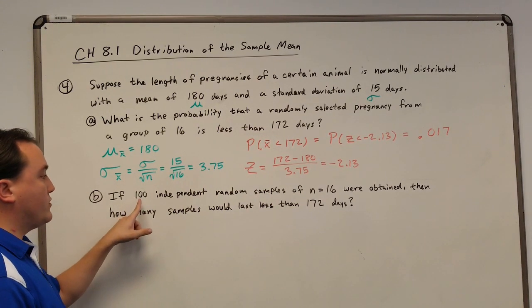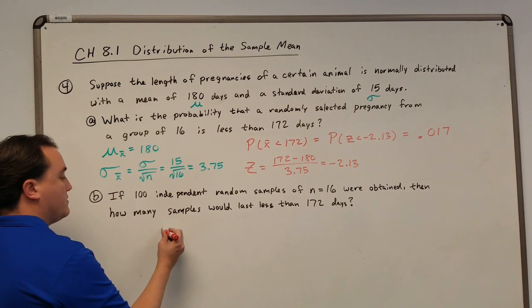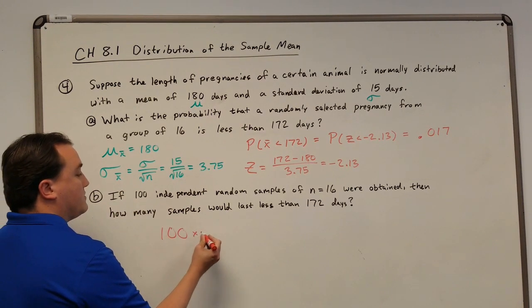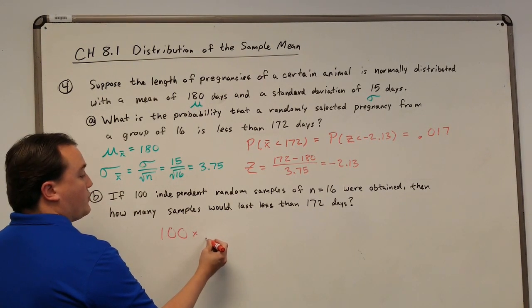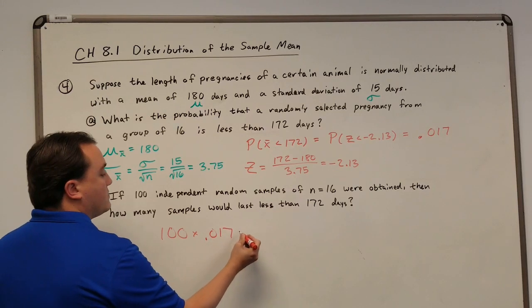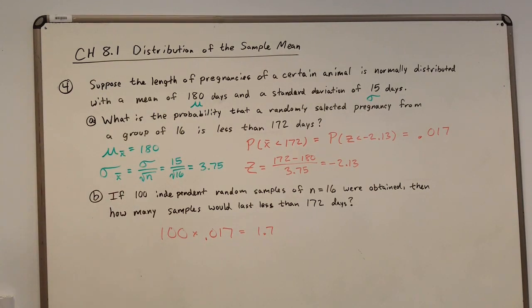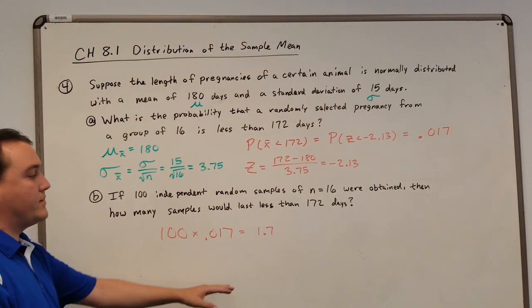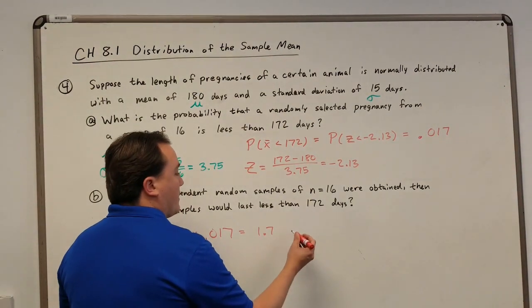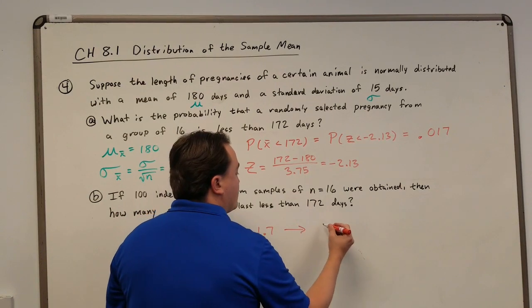So really what we're doing is 100 times our 0.017, which is 1.7, but you can't have 1.7 people or 1.7 animals, so our answer for this is 2.